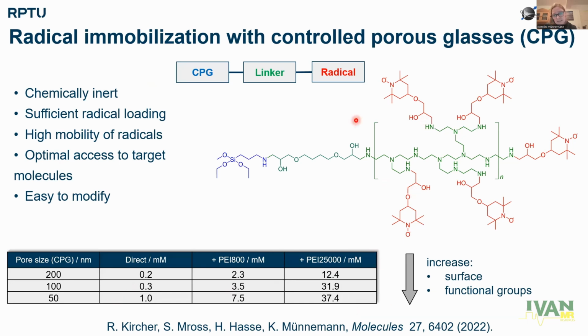And to increase the number of binding sites dramatically inside the controlled porous glasses, we attach a polymer on top of it, which has something like a hyperbranched structure, and on those hyperbranched binding sites we put the radicals, and therefore we can have a high radical loading, and that is what we need to have for Overhauser DNP.